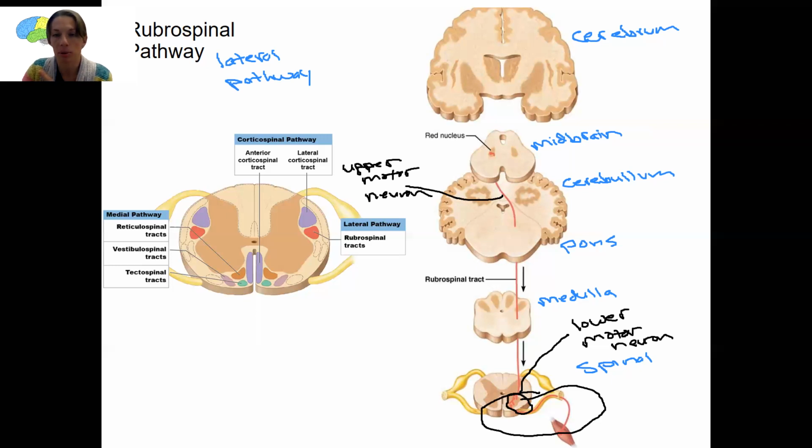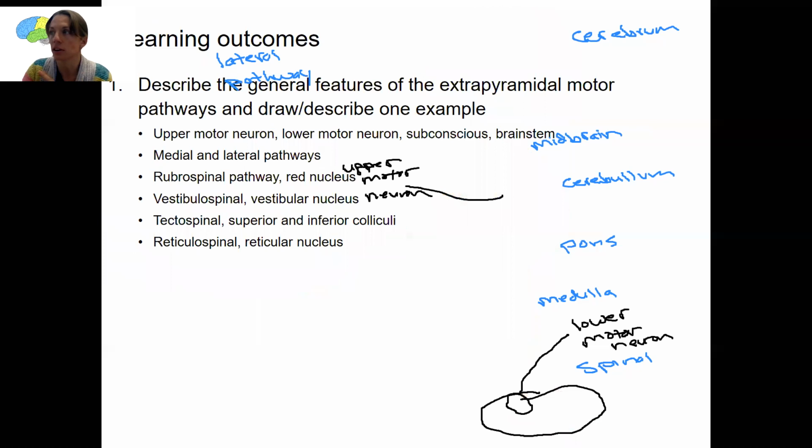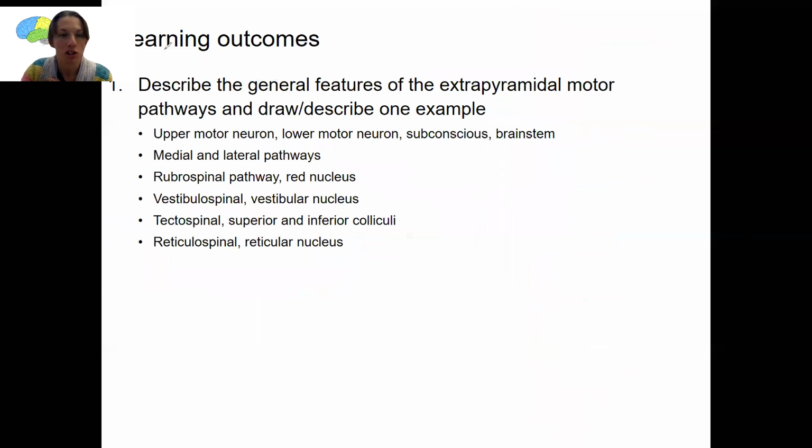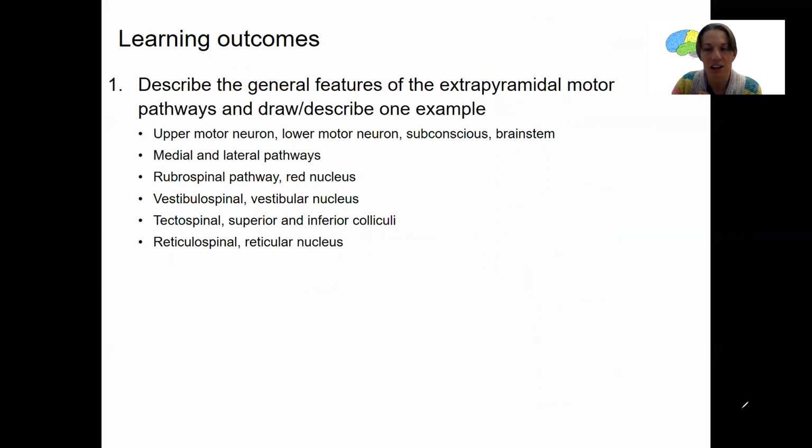The other thing I'd like you to be able to do is this here. Describe the general features of these extrapyramidal motor pathways. Extrapyramidal means the ones outside of the pyramids. This is your medial and lateral pathways, which then the types of those are these four here.